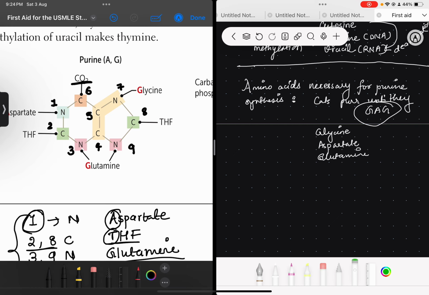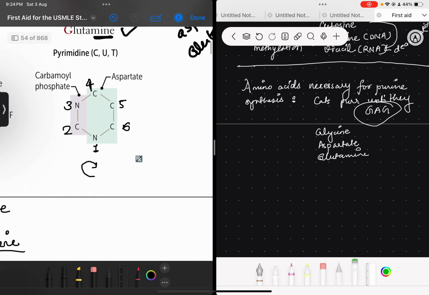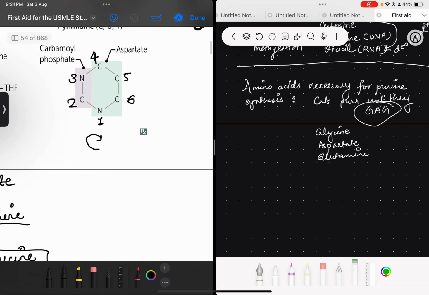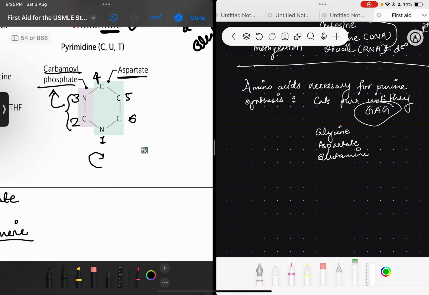Here it was anti-clockwise. This 2, 3 is from carbamoyl phosphate and all other is from aspartate. So here we just have to remember this only.